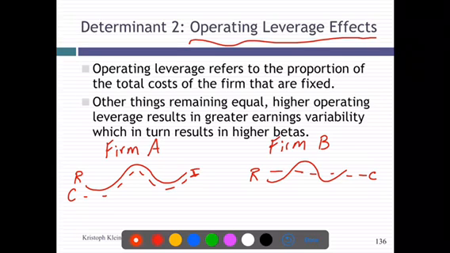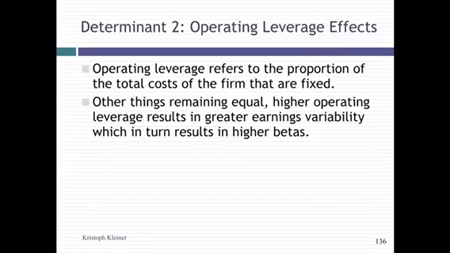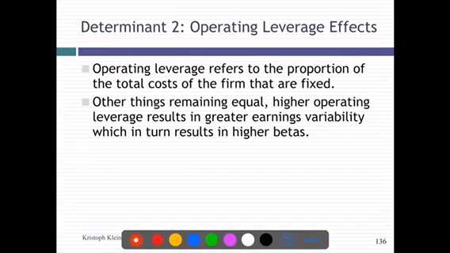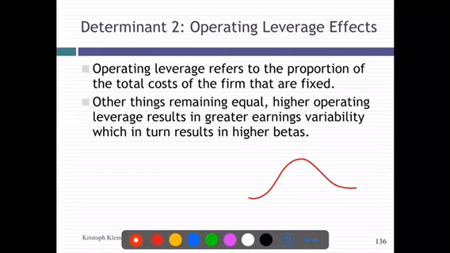Let's look at firm B. Firm B is very dependent on what's going on in revenues. In a bad time, like right here, well, in firm B, like we just saw, the revenues are kind of all over the place, but the costs, right, don't change.